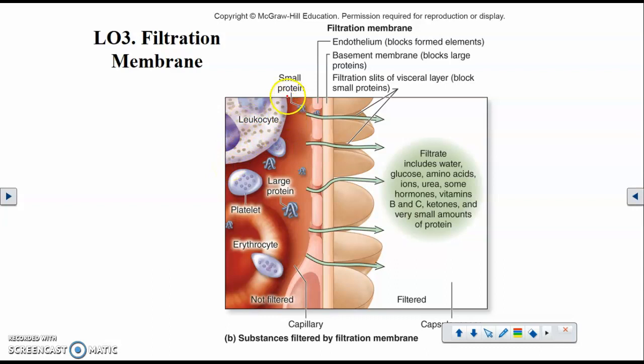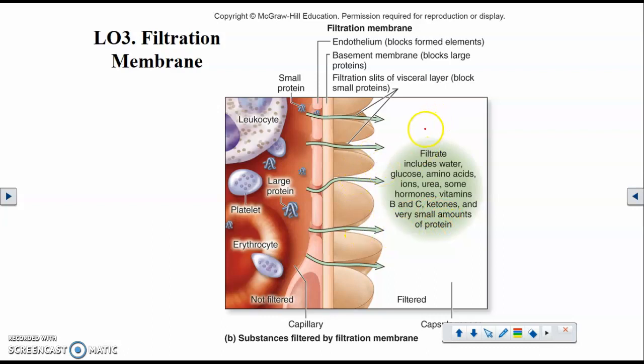And even though it says small proteins exit the glomerulus, these small proteins are so small, so negligible, that we can say with some confidence that there's almost 0% protein in the filtrate that exits the glomerulus.